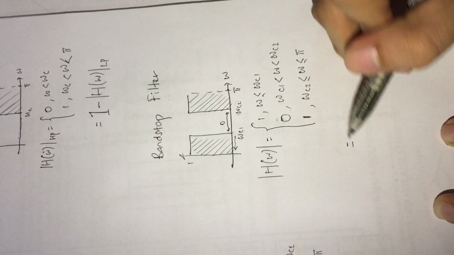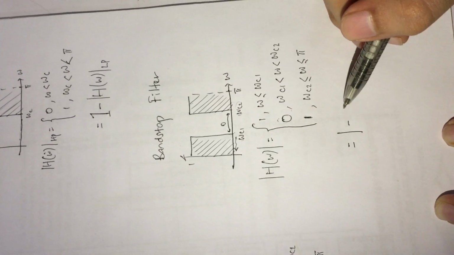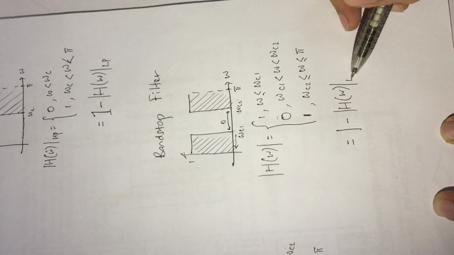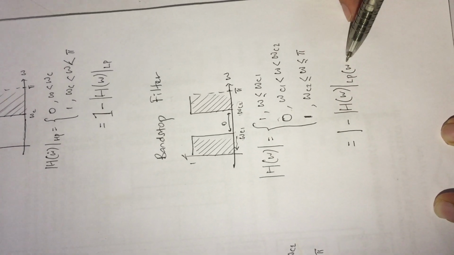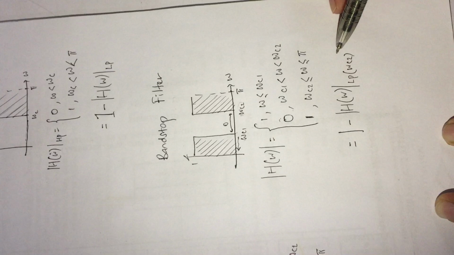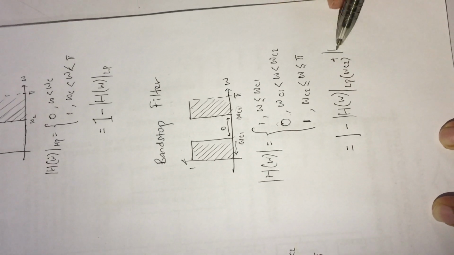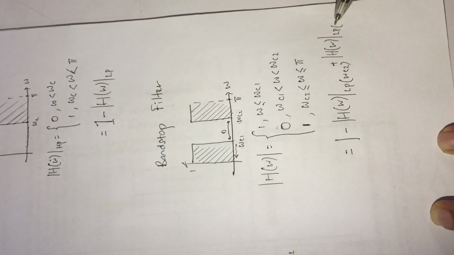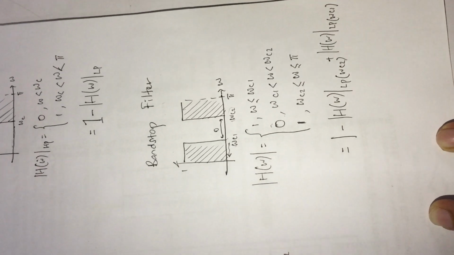You can use this equation as well: the high pass of cutoff frequency 2 plus the low pass of cutoff frequency 1.